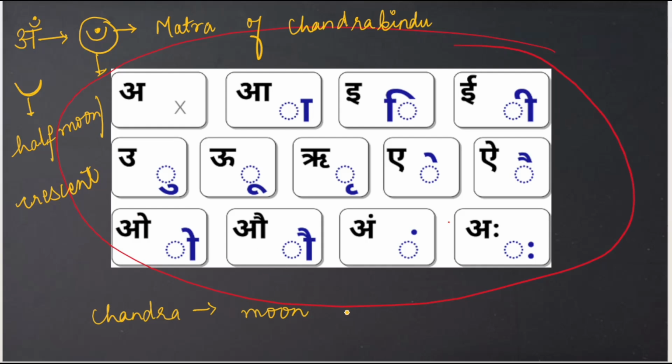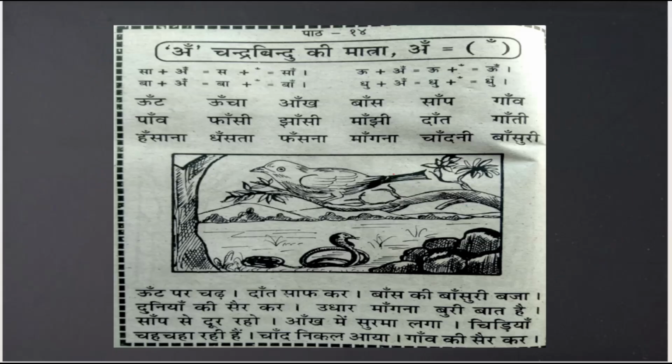And we put a dot into this crescent or half moon, so it became Chandrabindu, because in the Hindi language we call a dot Bindu or Bindi. So the name of this matra is Chandrabindu. I hope you have understood this concept. So this is our today's topic. Let's see this one.